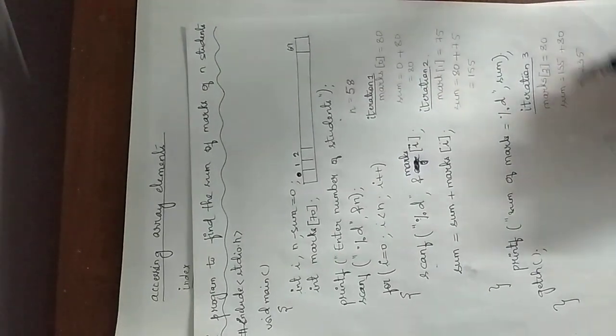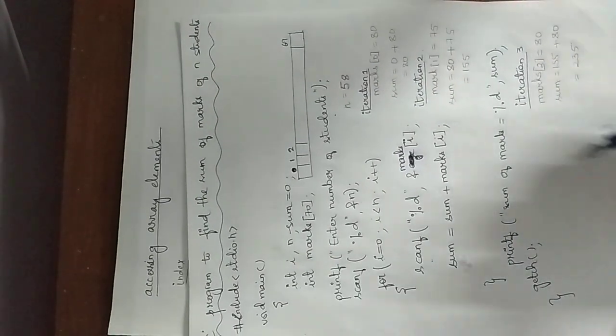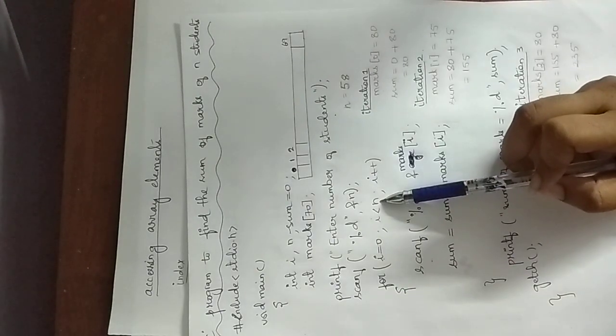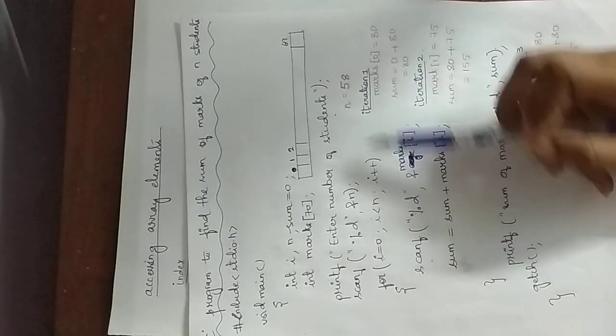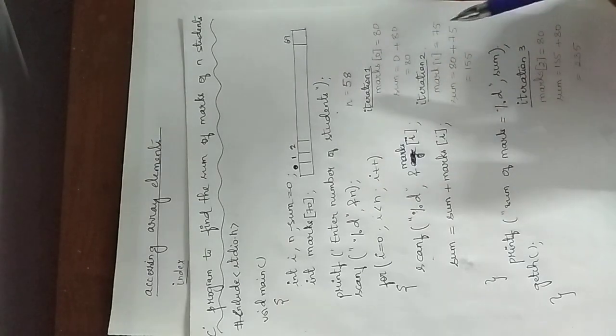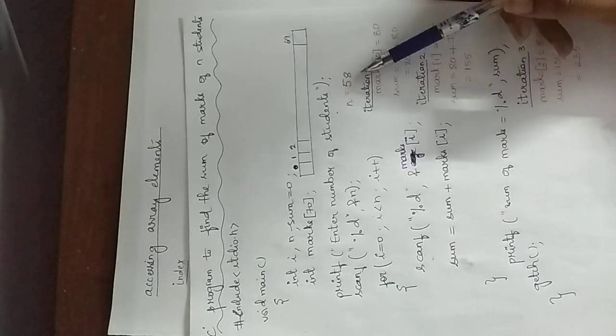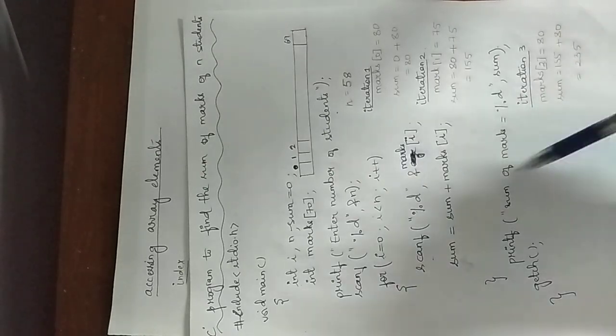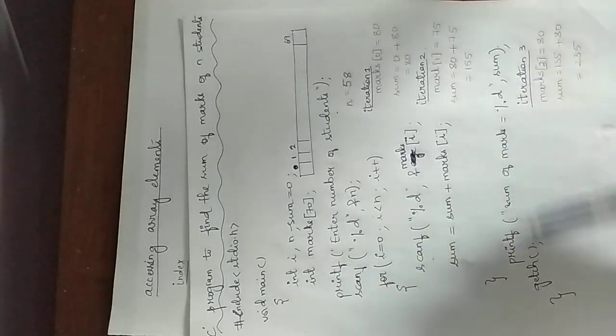Now this particular loop will go on till you reach the nth value. Now what is the nth value? 58, which means you have to take 58 students' marks and you have to add them up. So basically 58 times this particular loop will work.